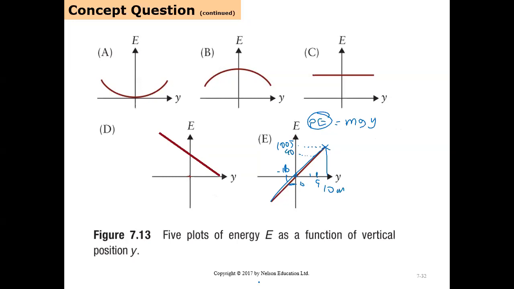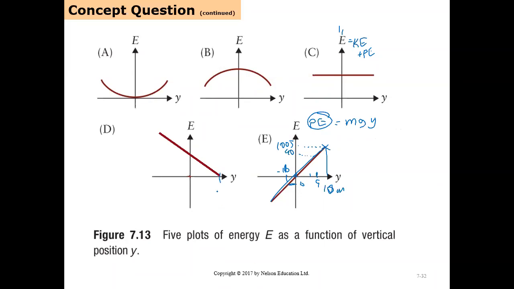Total energy is the potential energy plus kinetic energy. So this is the total energy. You also know that at the top position, when it is 10 meters, we said the total energy is 100 joule. The potential energy is 100 joule and the kinetic energy is 0.